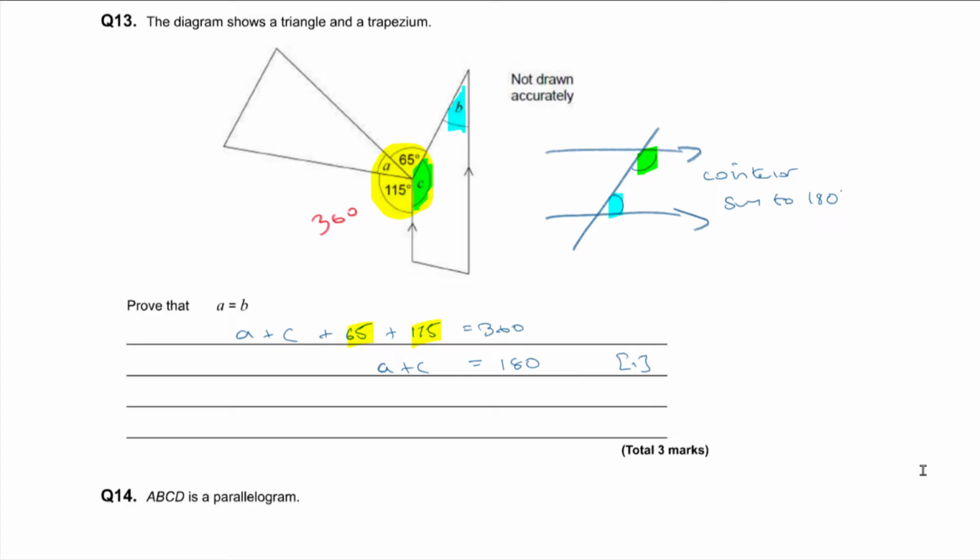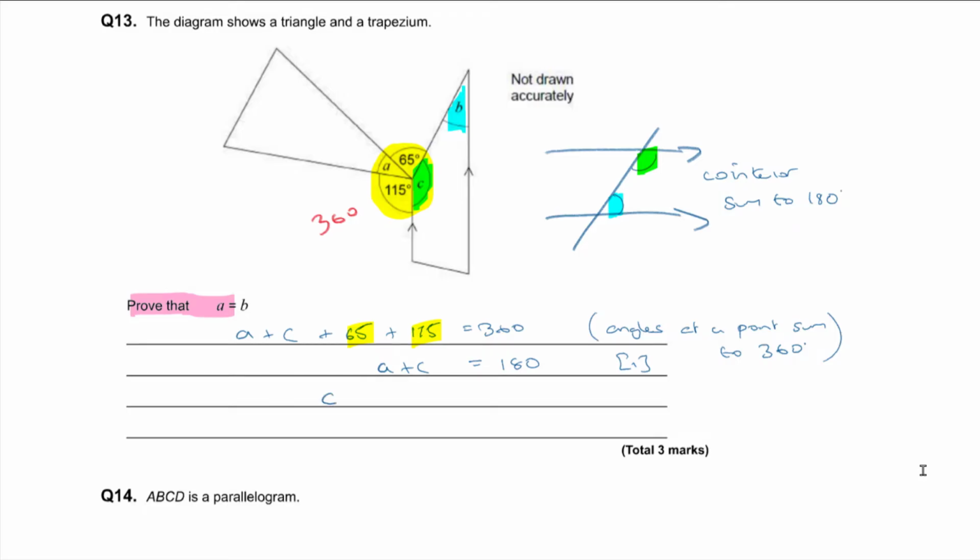I suppose if it's saying prove, we should really say what the rules are. So I just wrote that down. I'm just going to put in brackets the reason: angles at a point sum to 360. To prove that one, you really need to state the rule that you're using.